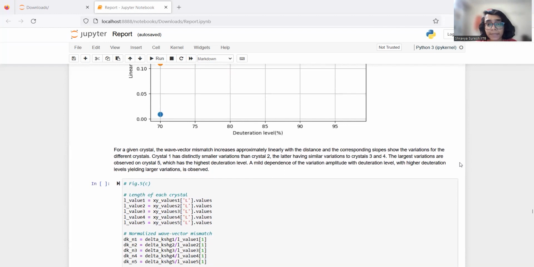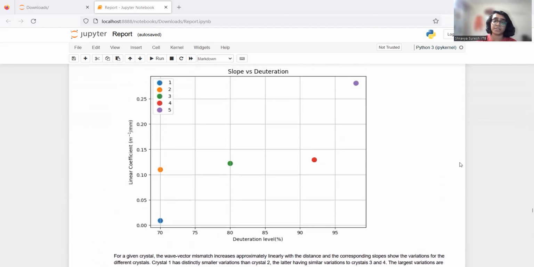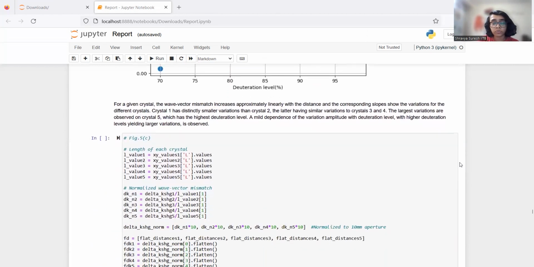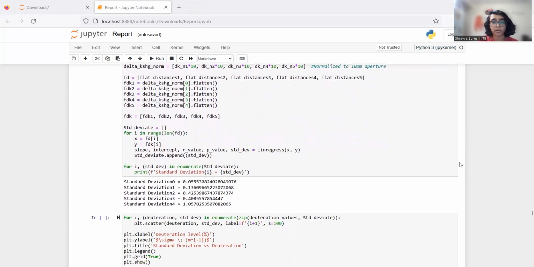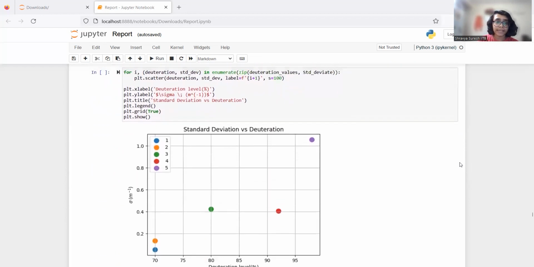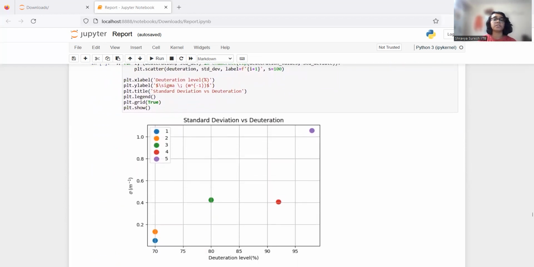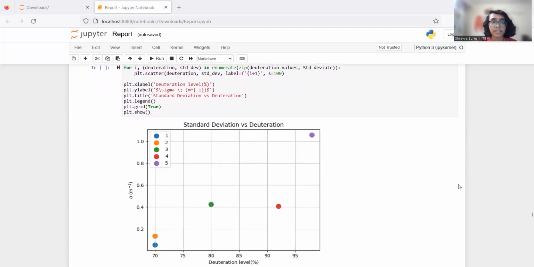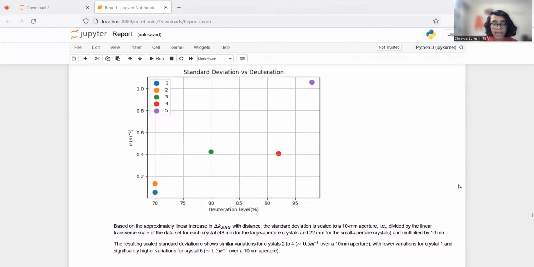We also notice a mild dependence of the variation amplitude on deuteration level. As mentioned, with higher deuteration levels, larger variations are observed. And to again stress this, we plotted the third graph, which was variation of standard deviation versus the deuteration level. The standard deviation was calculated across all values of delta K for each crystal. And again, as observed here, the standard deviation of crystal number 2 is slightly higher than crystal number 1.